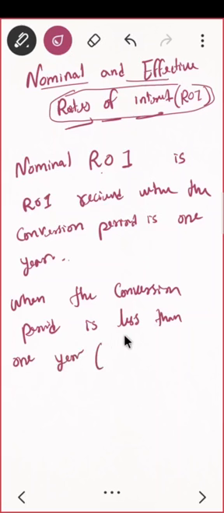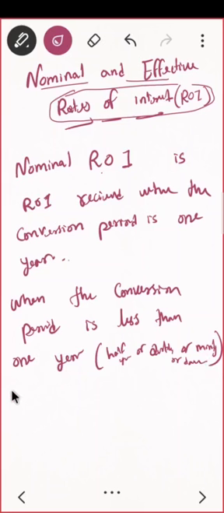less than 1 year means what? Half yearly or quarterly or monthly, correct? Or daily may also be taken.